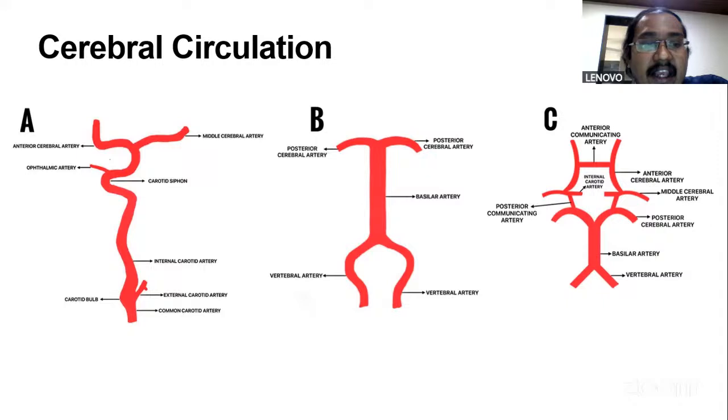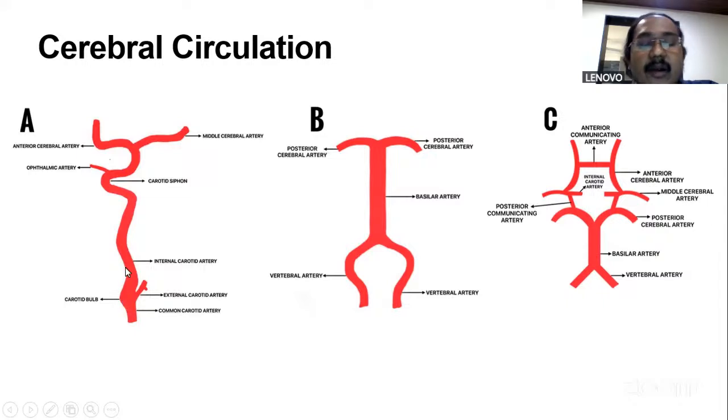Image A shows the internal carotid artery in its extracranial portion, and how it gives branches in the intracranial circulation. It all starts with the common carotid artery, which divides into the external carotid artery and the internal carotid artery. There is a dilatation called the carotid bulb.